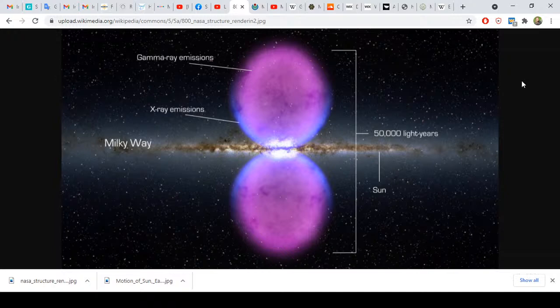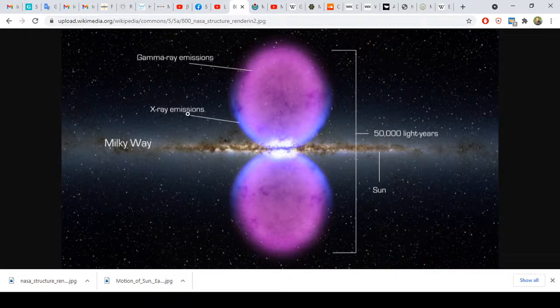But I was very excited when I came across this picture, the Milky Way, the Galactic Center, and it says that in 2010 they discovered these bubbles, one north and one south, each with a diameter of about 25,000 light years, and they are energy emissions.